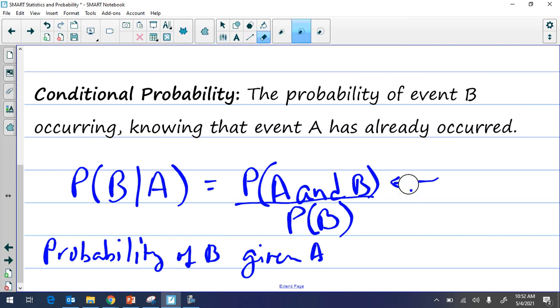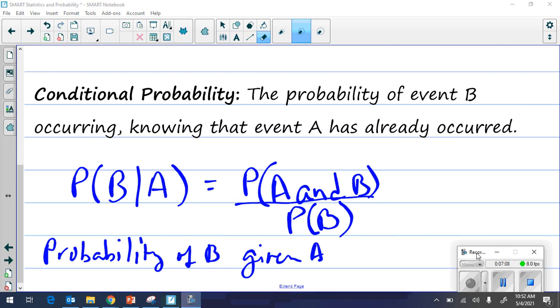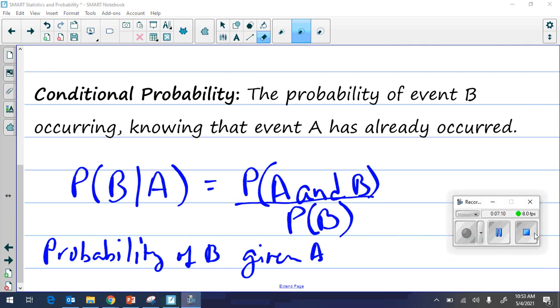But that is the formula. We would do probability of A and B happening divided by the probability of B happening. And since this video has gotten a little long, I'm going to do the examples in a separate video. So this is number 1, and we're going to do some additional examples in video number 2.